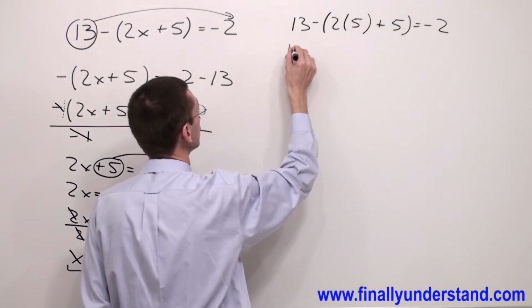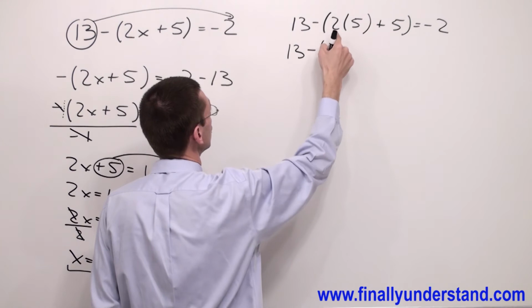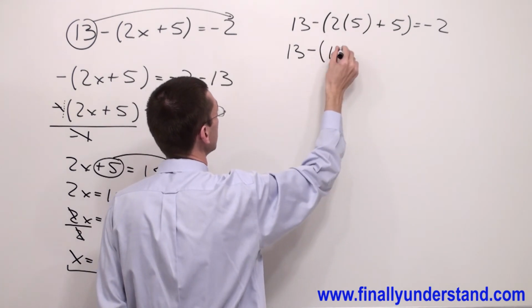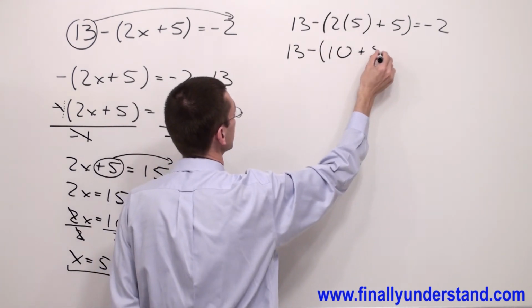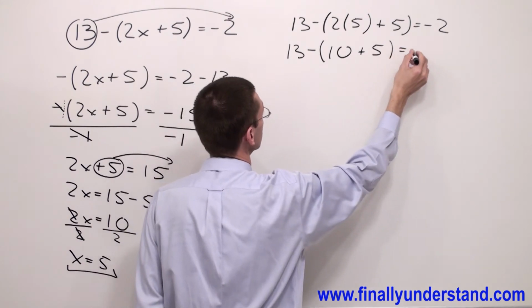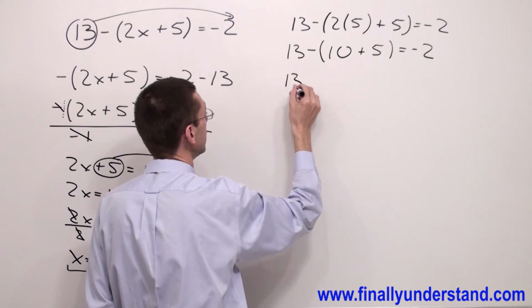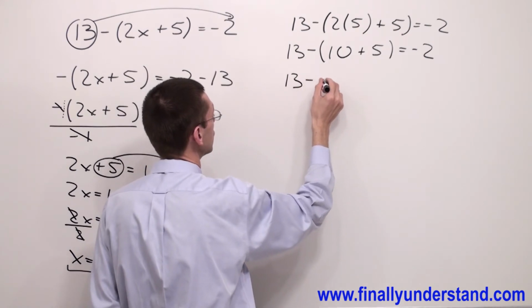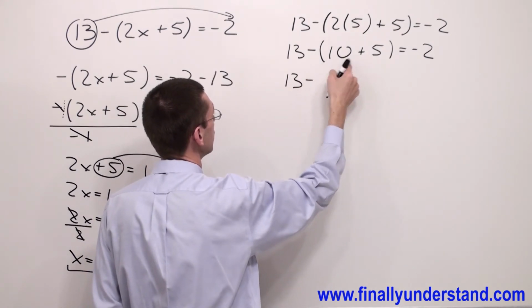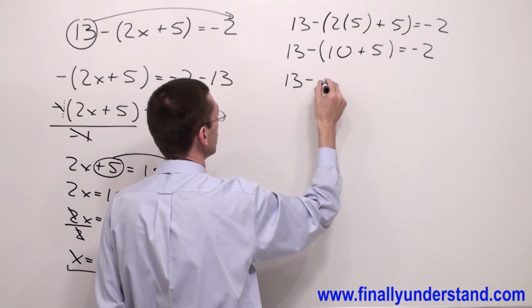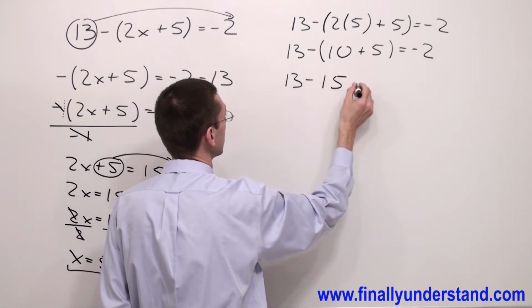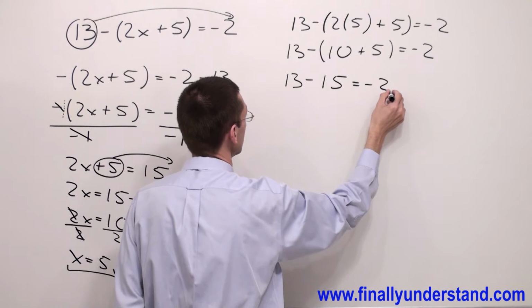I have 13 minus 2 times 5 is equal to 10 plus 5 equals negative 2. 13 minus, and I have 10 plus 5 is equal to 15, equals negative 2.